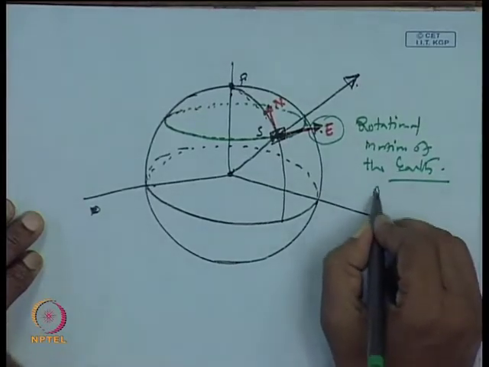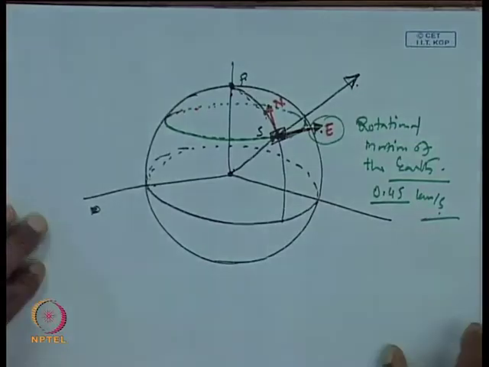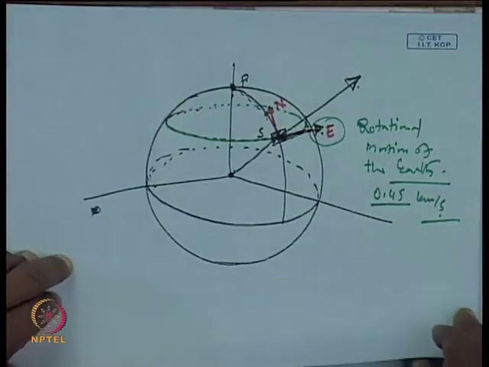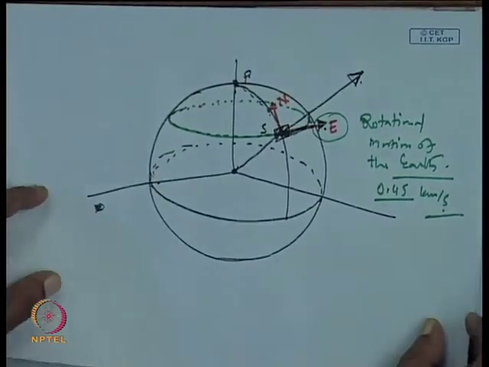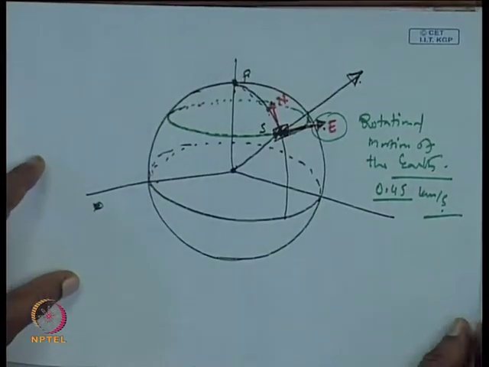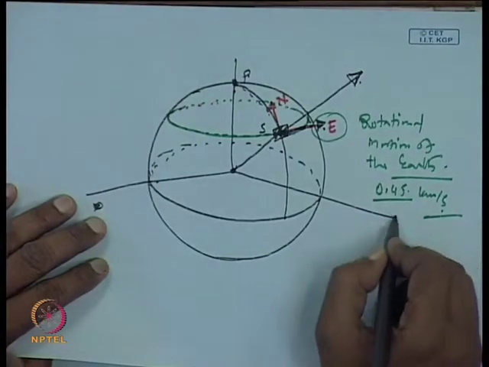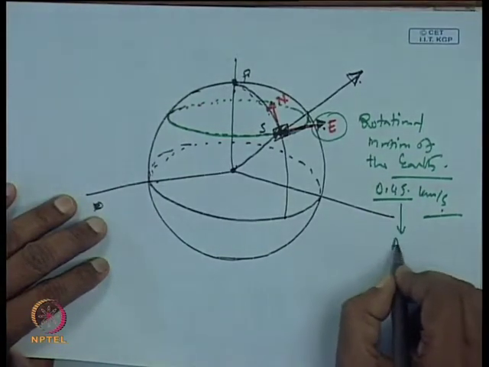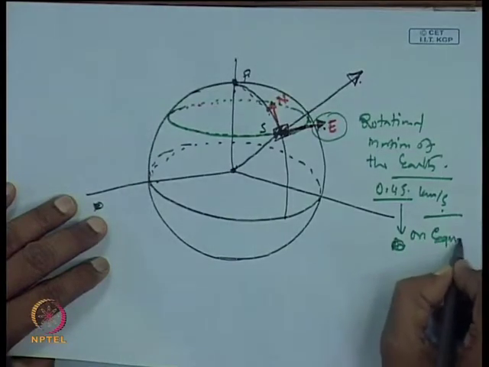If you compute it, it will come around 0.45 kilometer per second, for around the equator, on the equator.